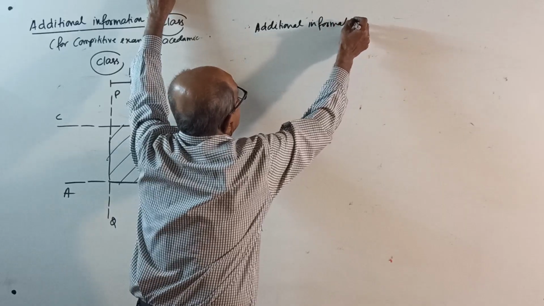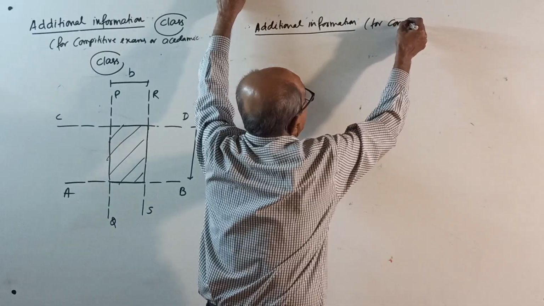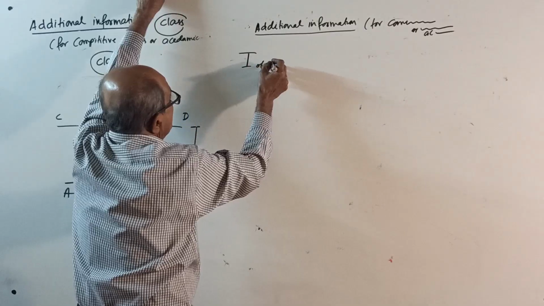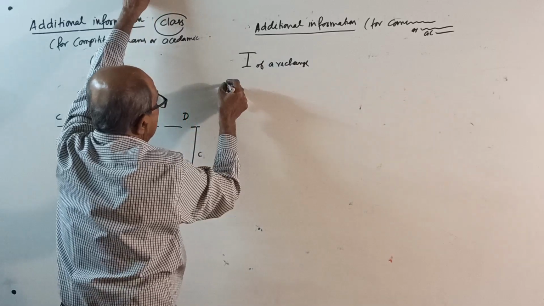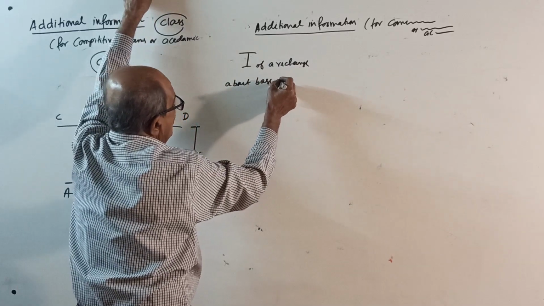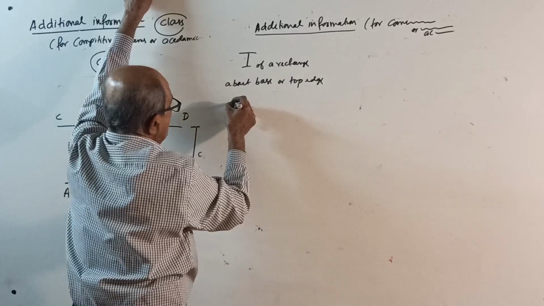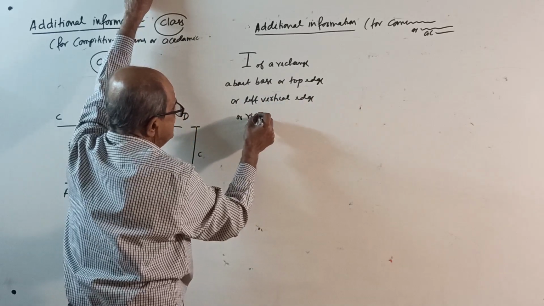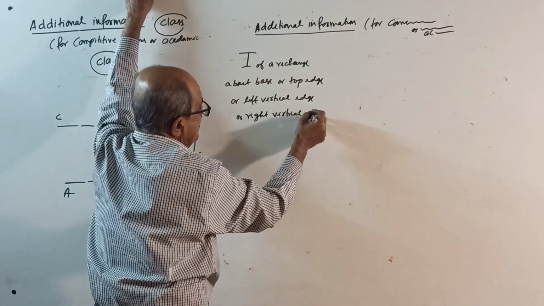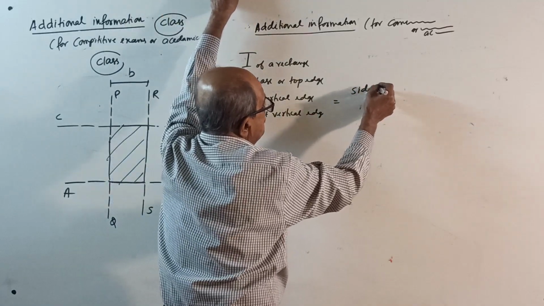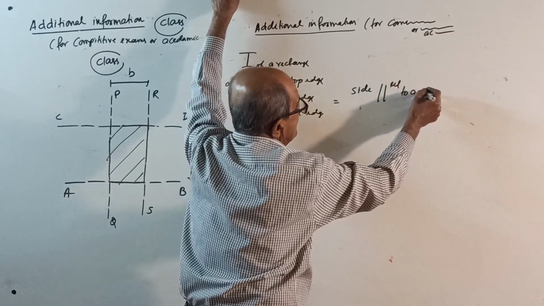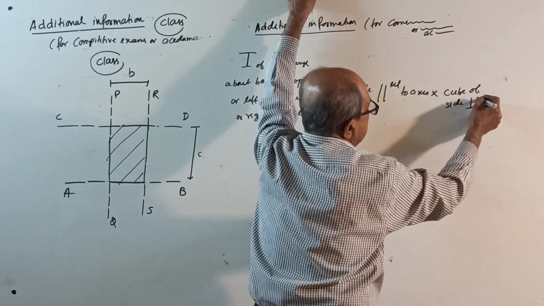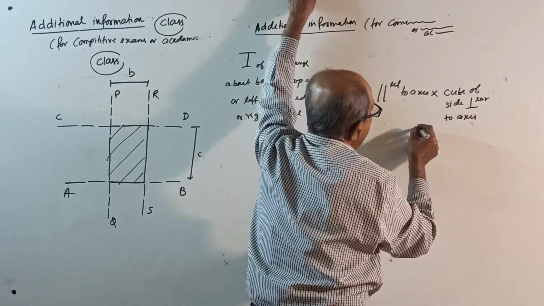For competitive examination or academic examination, you write: the moment of inertia I of a rectangle about the base or top edge, or left vertical edge or right vertical edge, is equal to the side parallel to the axis into the cube of the side perpendicular to the axis, divided by 3.